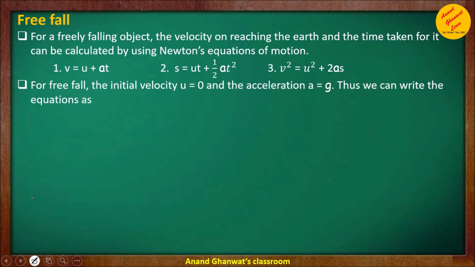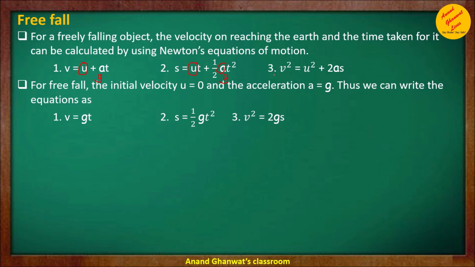The first equation becomes v = gt. In the second equation, s = ut + 1/2 at², put u = 0, then 0 into t is 0, and put a as g, so s = 1/2 gt².